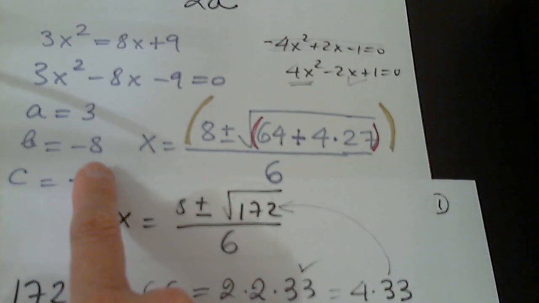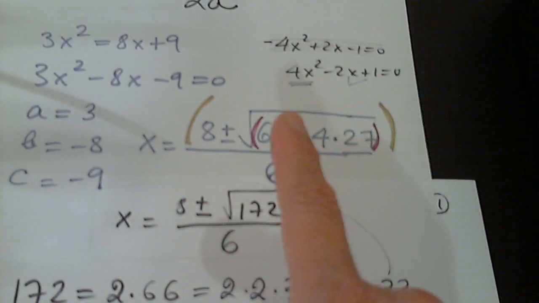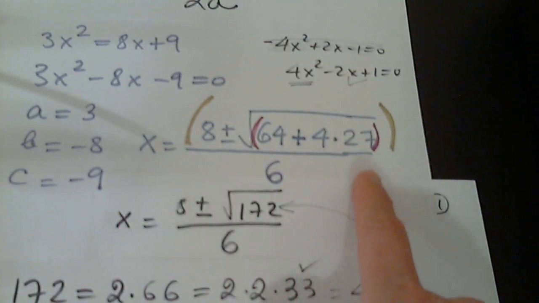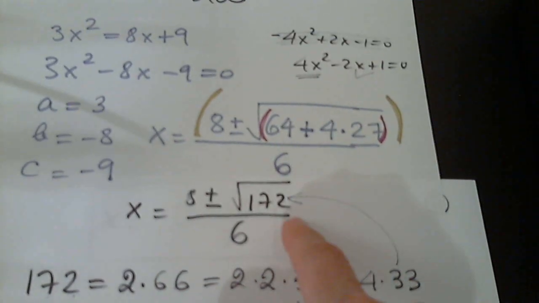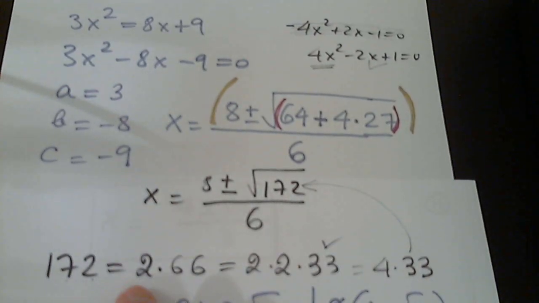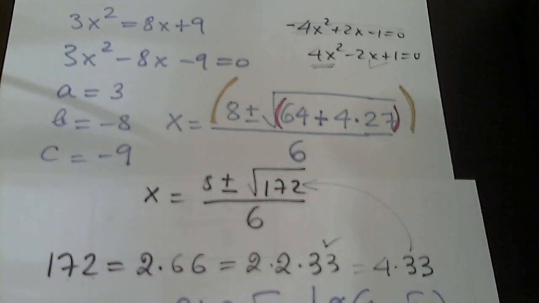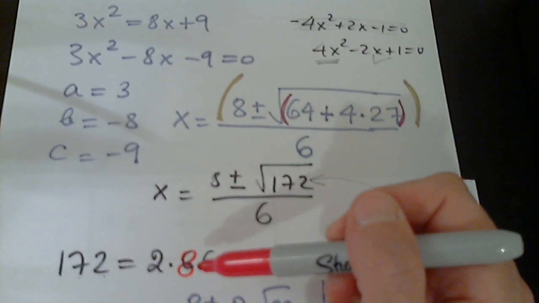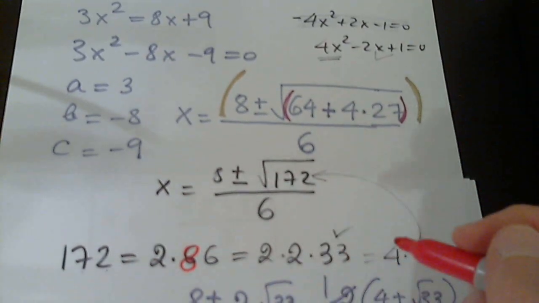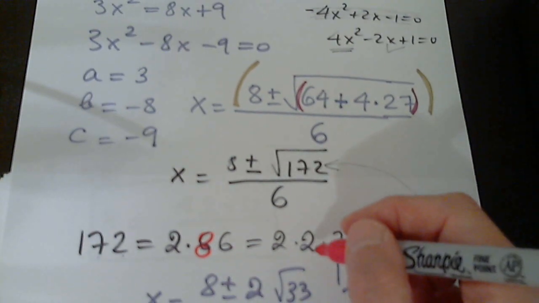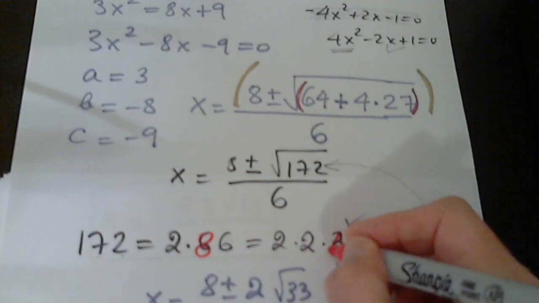Indeed, 64 minus 4 times a times c. Correct. Correct. I did get 172. 172 divided by 2. Oh, got it. Got it. Sorry. 16, 12. Okay. It's 86. 86 divided by 2 is 43.